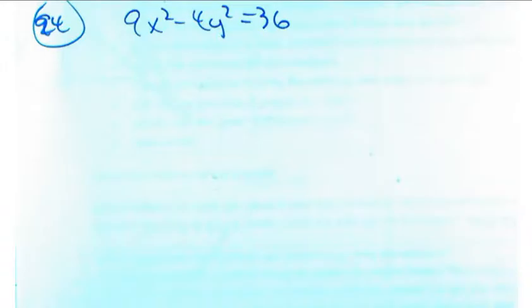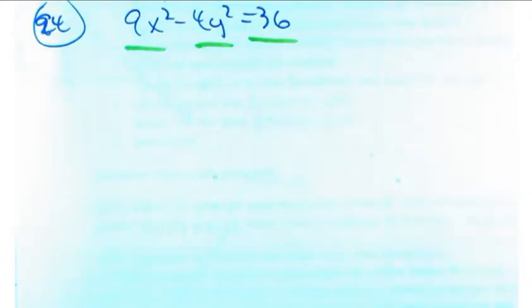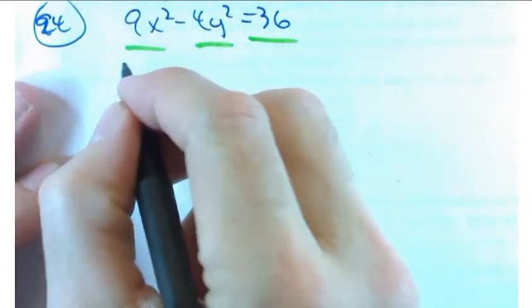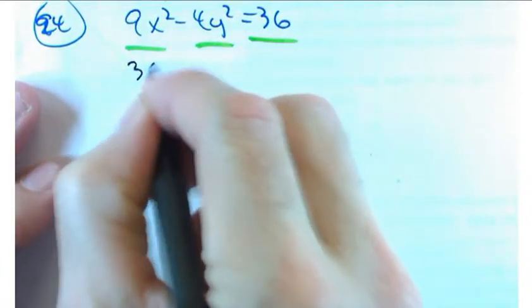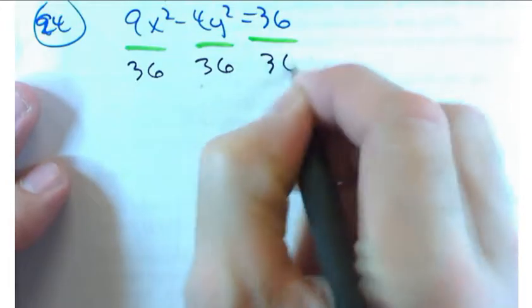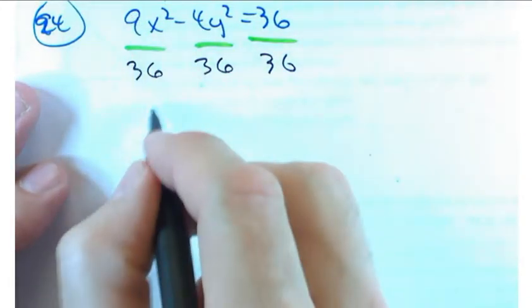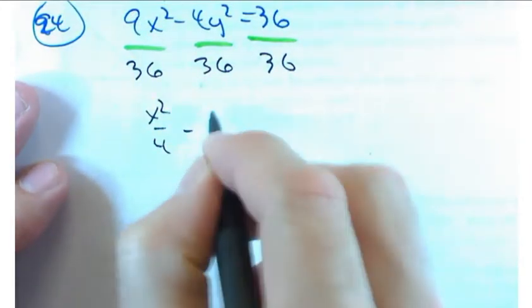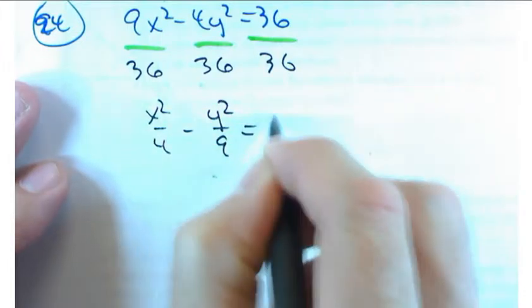How would we start this one? Somebody said it? Yeah, divide everything by 36. So just like the ellipse that we dealt with in 13.2, we want a 1 on the right side. So that's going to give me x squared over 4 minus y squared over 9 equals 1.